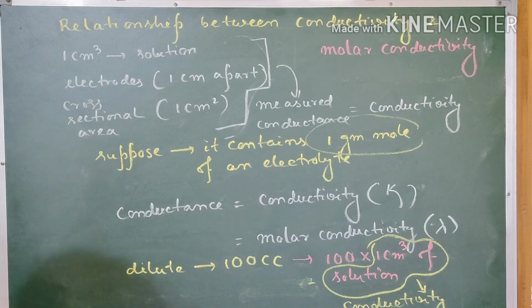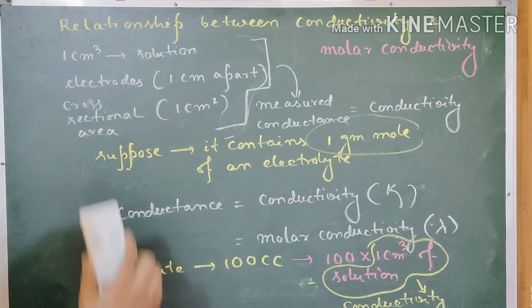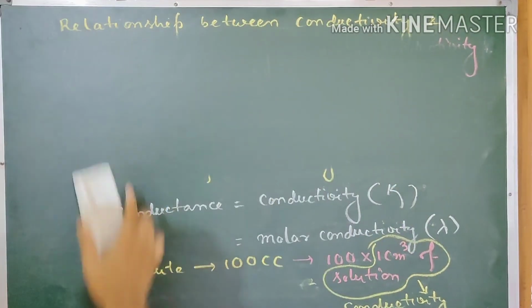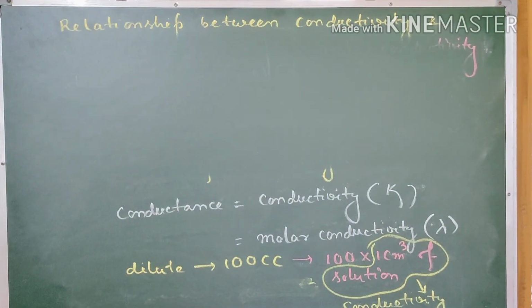Now, as a result, we erase this part. As a result, what we should write is that if it contains 1 gram mole of an electrolyte, the solution is diluted to 100 cc. So there are now 100 cubes of solution, as I have already mentioned.